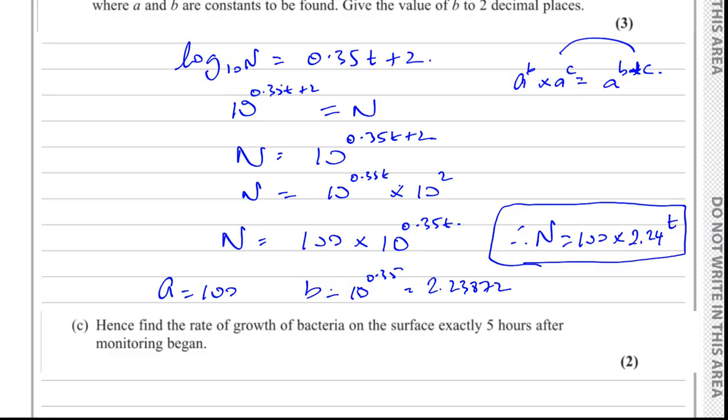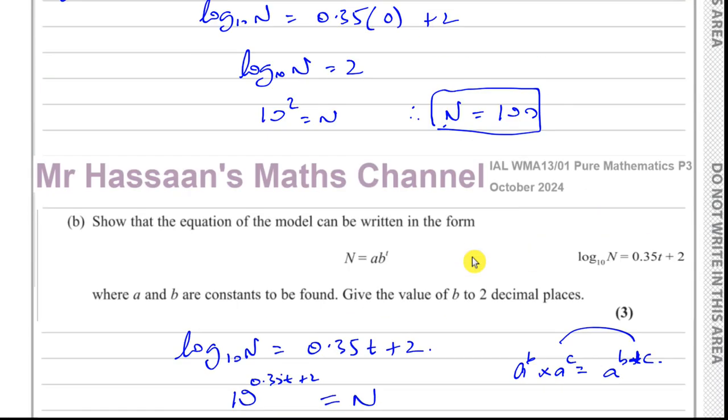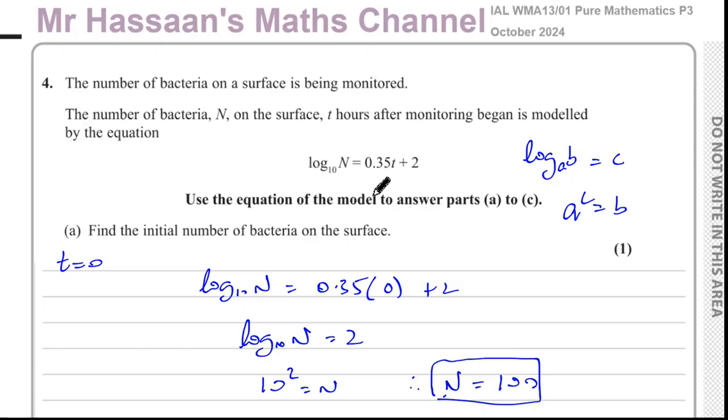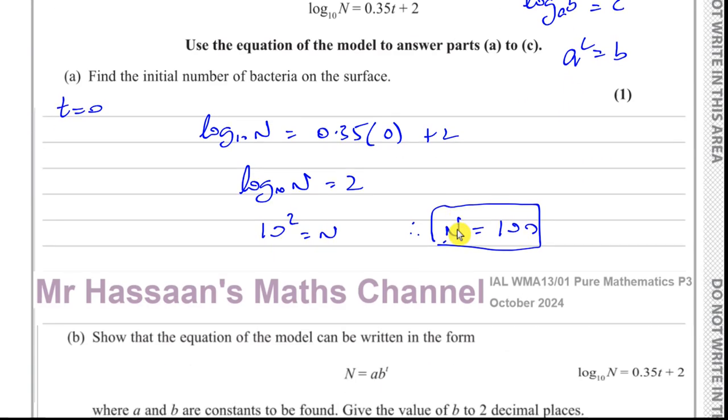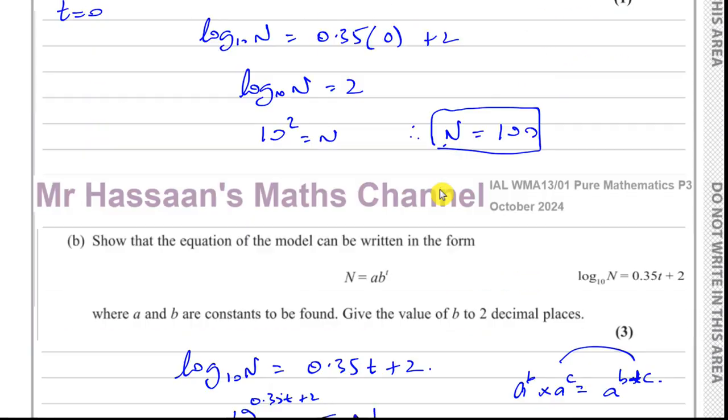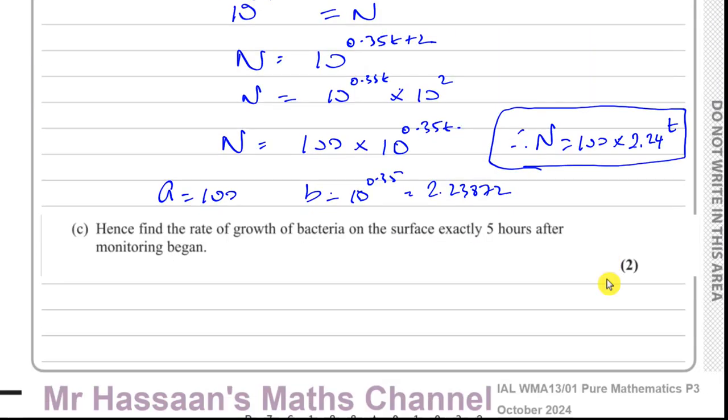It's not the number of bacteria, it's how the number of bacteria is changing. So we have to find dN/dt, and we should really use it in this form.